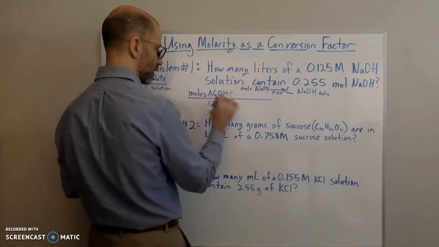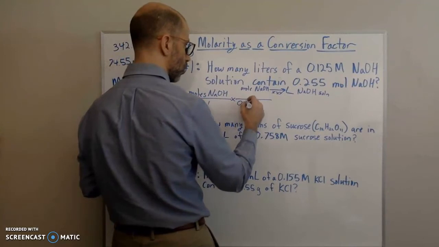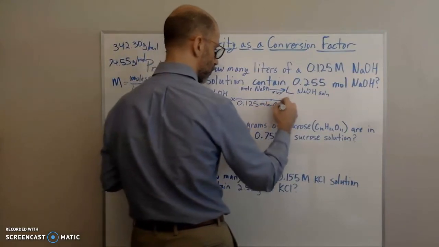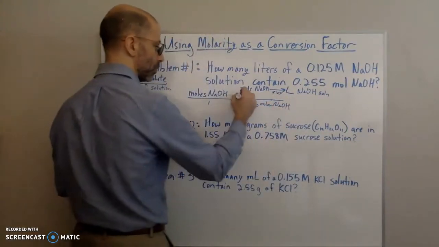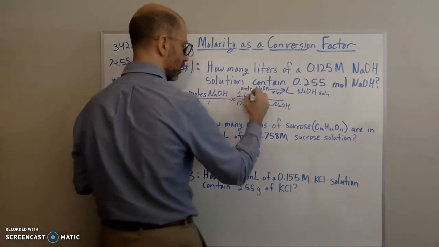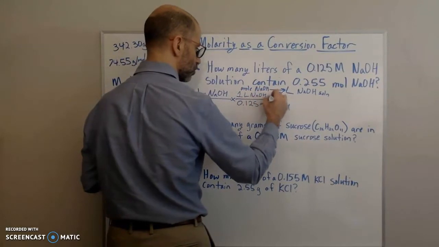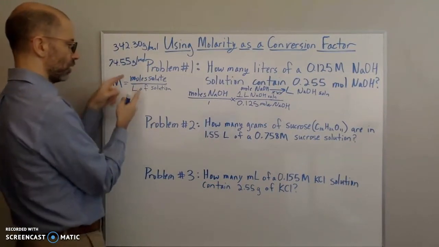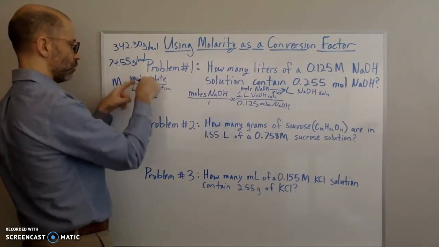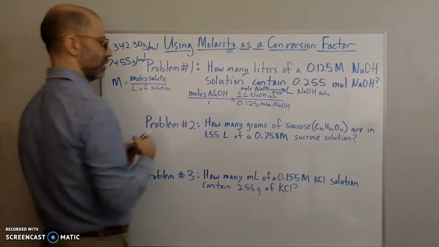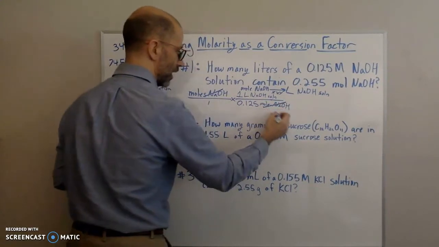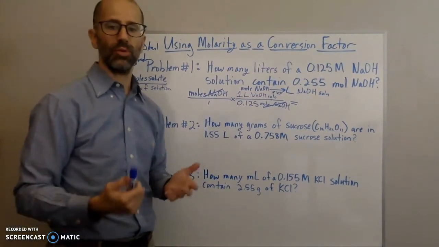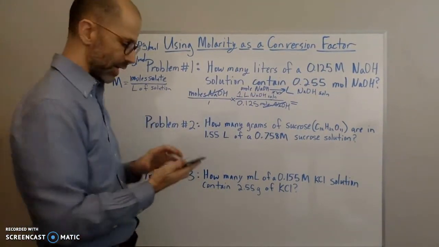So I'm going to put 0.125 moles of NaOH, and then 1 liter of the NaOH solution on top. And that is the definition of molarity. So all I've done is I've put liters of solution on top, moles on the bottom. So I flipped this. So now the moles of NaOH cancel out, and I'm left with liters, which is what they're asking me for. So at this point, I'm done with the conversions, and I'm going to calculate my answer.